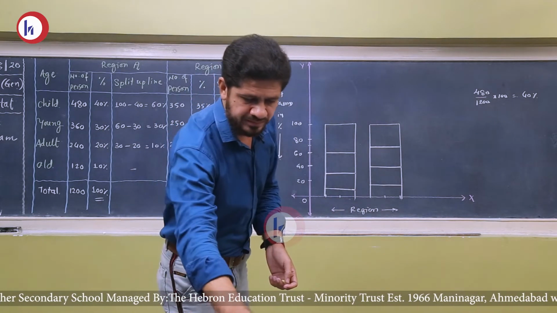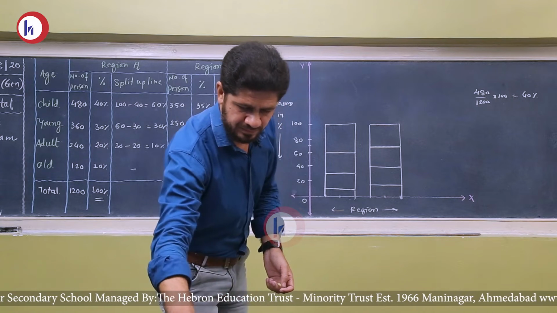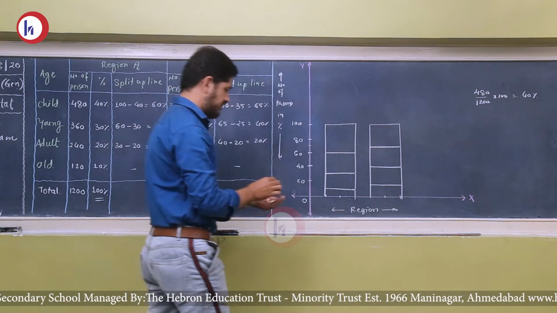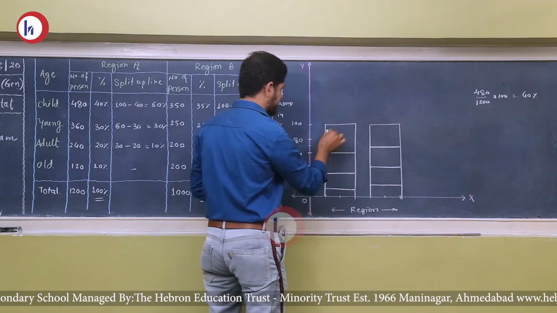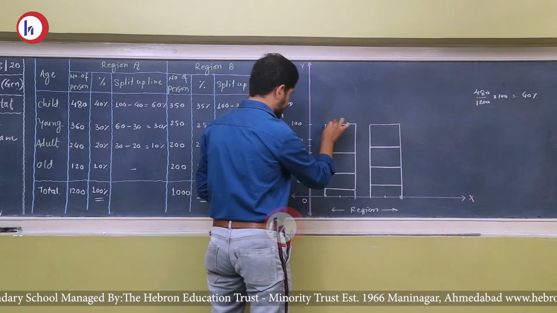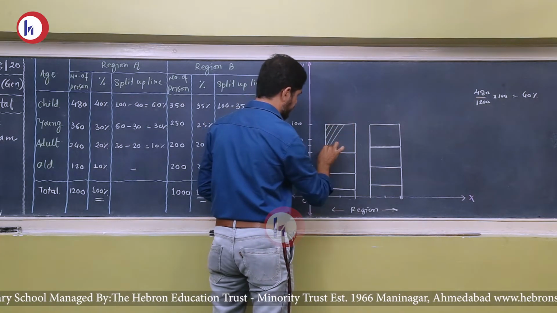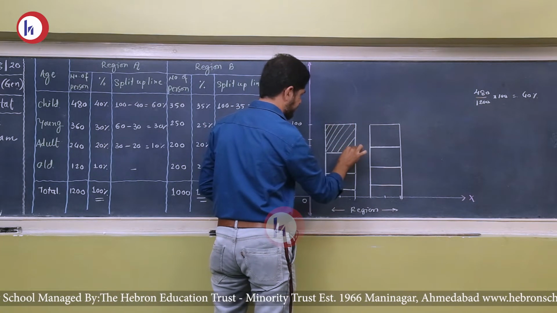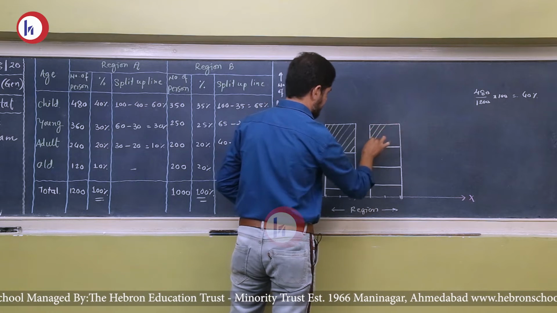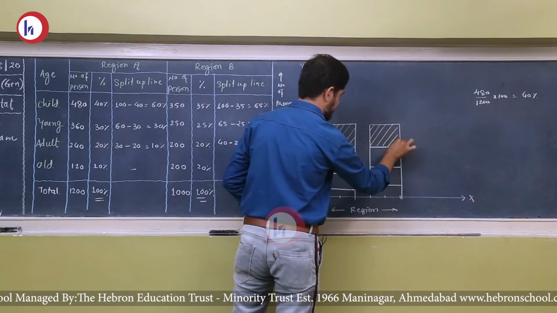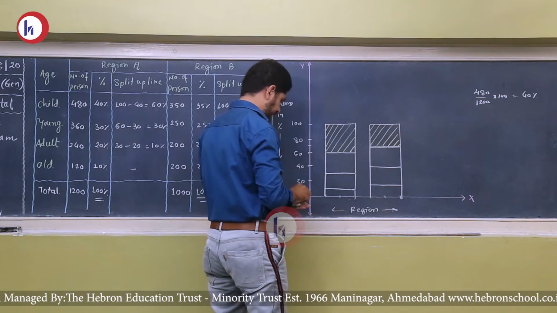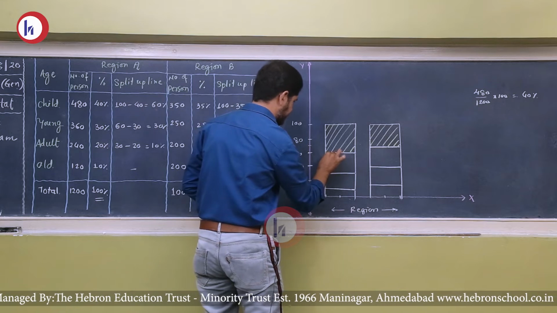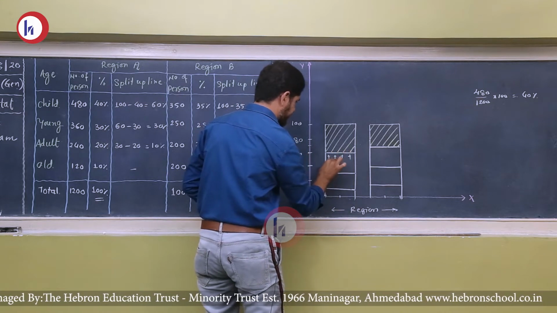Now, we will give different designs to all the blocks. Suppose a cross for the first one, and do the same in region B. Next one, the plus sign.